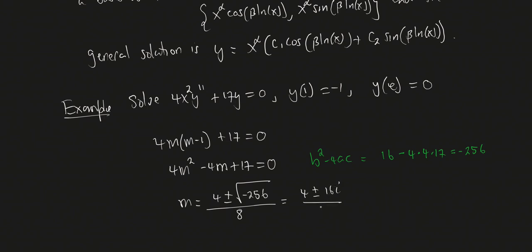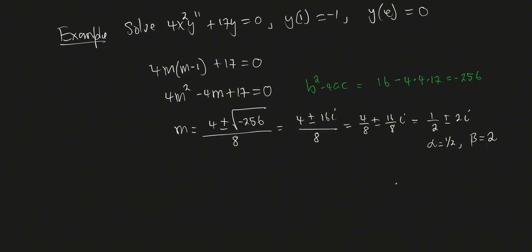And then this is all over 8. And remember, in order to identify the alpha and beta, we want to make sure that we write this as 2 separate fractions and reduce carefully. So we have 4 over 8 plus or minus 16 over 8i. So the complex conjugate pair is 1/2 plus or minus 2i. So our alpha is 1/2, beta is 2. All right. So once we have this, we can write down, in fact, let's go through the steps.